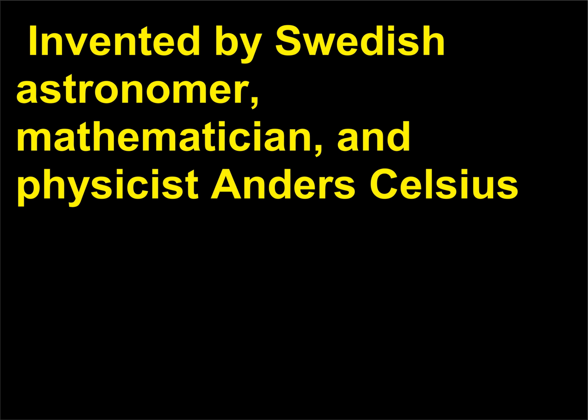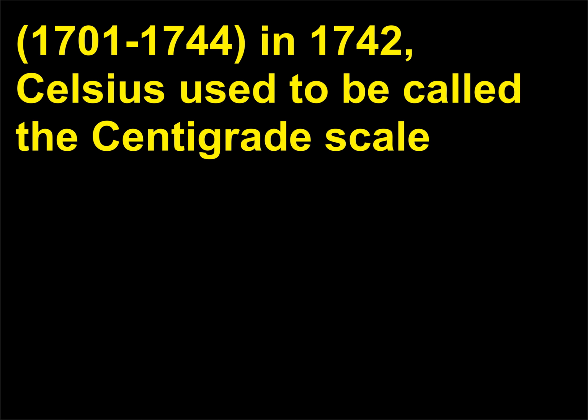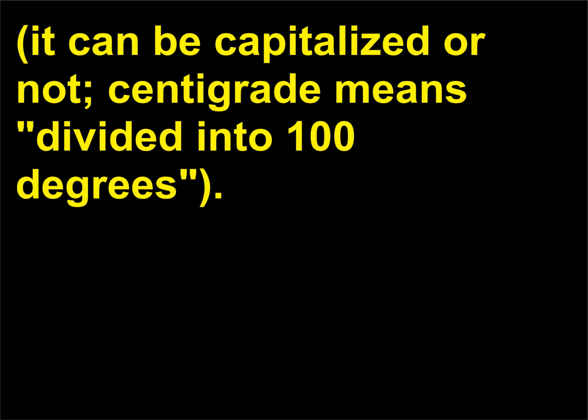Celsius was invented by Swedish astronomer, mathematician, and physicist Anders Celsius, 1701 to 1744, in 1742. Celsius used to be called the centigrade scale. It can be capitalized or not. Centigrade means divided into 100 degrees.